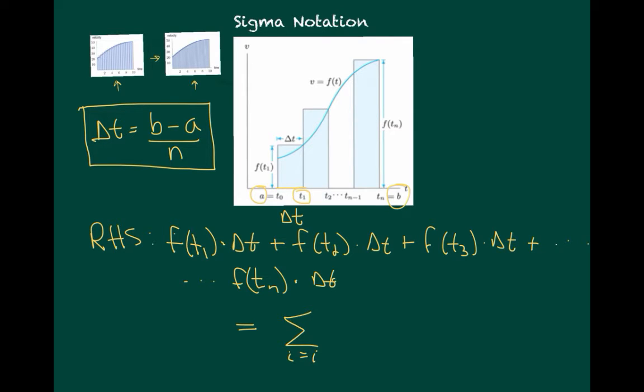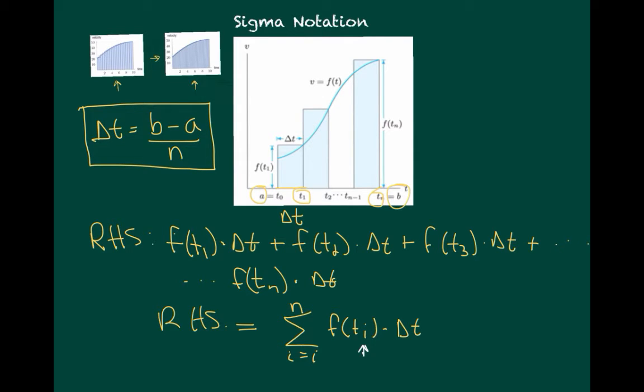Our last one was n. And we are going to add up things of the form f of t sub i times delta t. And we'll start where i equals 1, and we will continue until it equals n. And that becomes our right-hand sum.